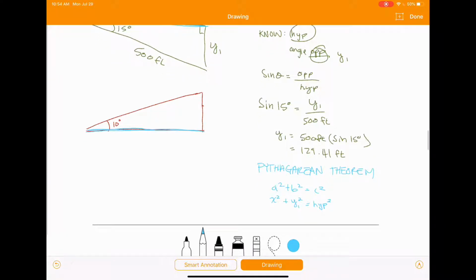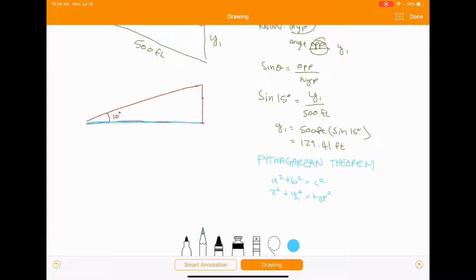But again, we know our y1 now because we just solved for it, and we know that our hypotenuse equals 500 feet. So x squared plus 129.41 feet squared equals our hypotenuse squared, which is 500 feet squared.